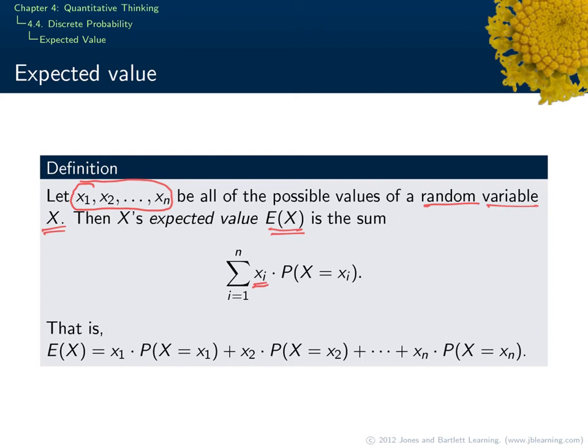So you're going to multiply these numerical outcomes by the probability of that outcome, and then you're going to add all those things together. So the expected value of X is x1 times the probability that x1 occurs, plus x2 times the probability that x2 occurs, and so on and so forth, until you get the xn times the probability that xn occurs.